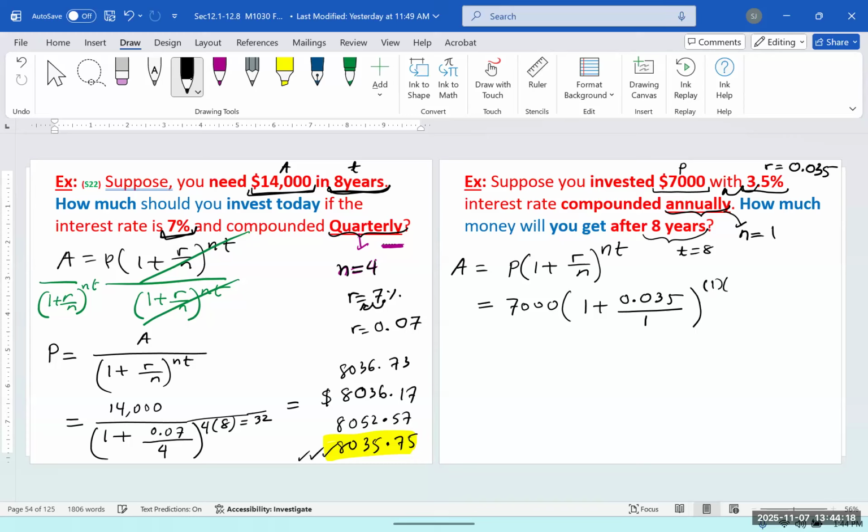You're multiplying 1 times 8. This one is easier to handle before you plug it into the calculator. We have 1 plus 0.035 to the power 8, which is a simple number, 7,000 times 1.035 to the power 8. So go ahead, figure out how much this is.